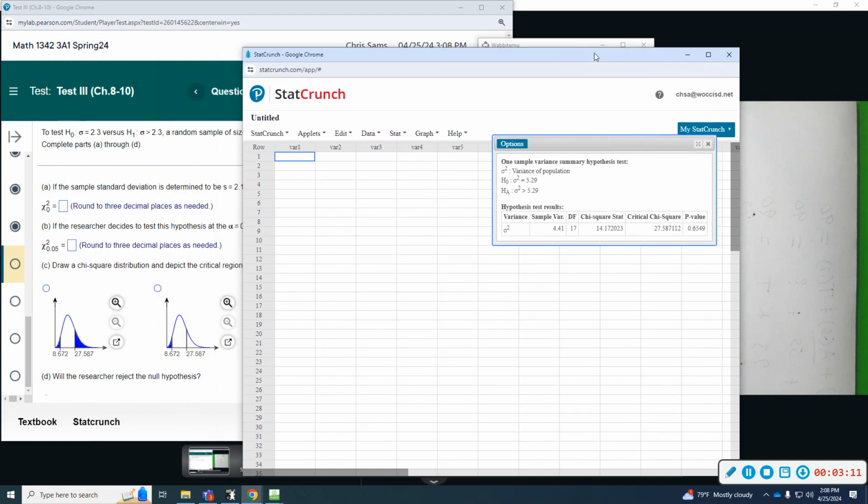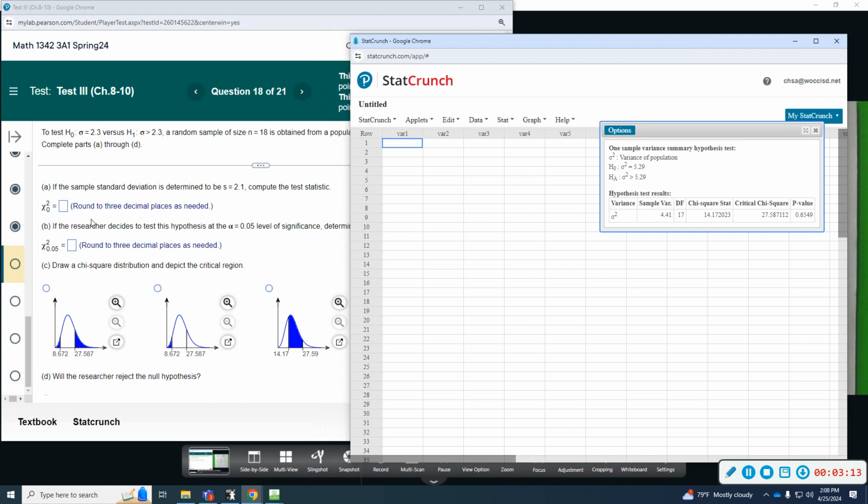All right, so the first thing we want is the test statistic. So that will be the chi-square statistic. We want 3 decimal places, so that's 14.172.